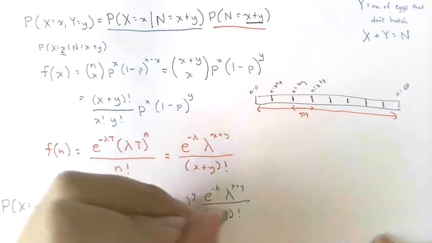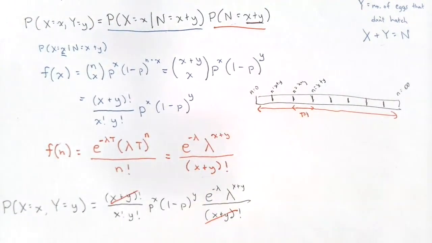A little bit of math here. X plus y factorial cancels out with x plus y factorial. So far, so good. I can write this a little bit differently. I'm just going to put everything in my numerator, everything in my denominator.